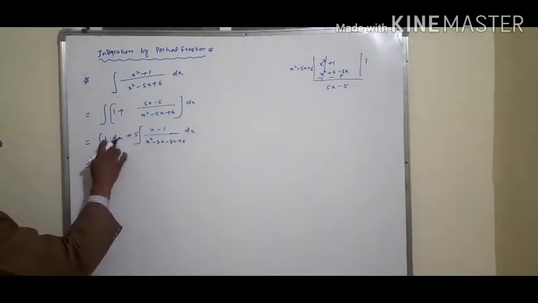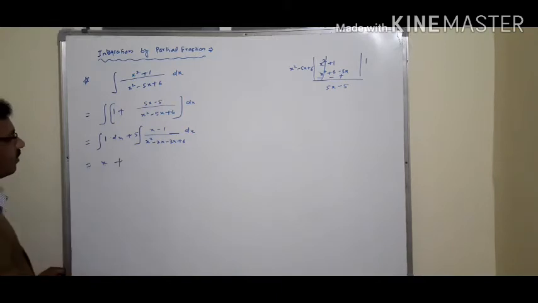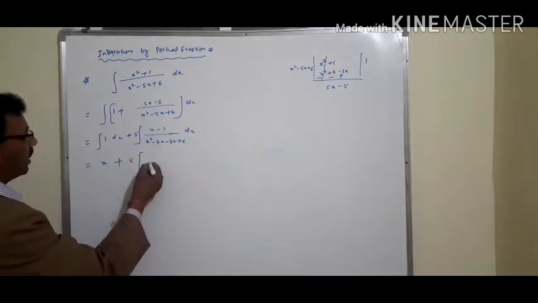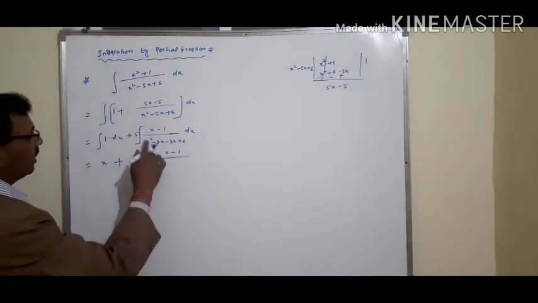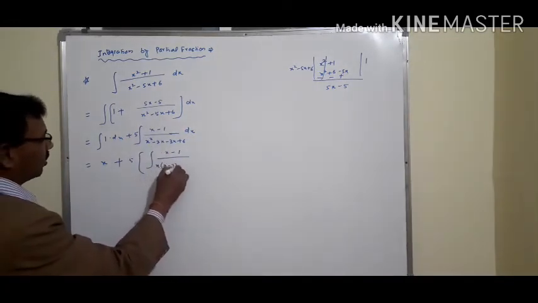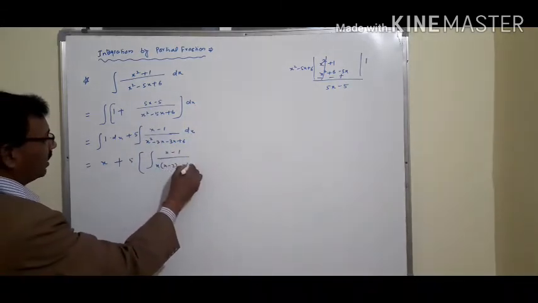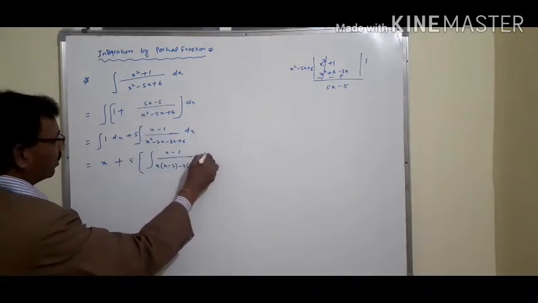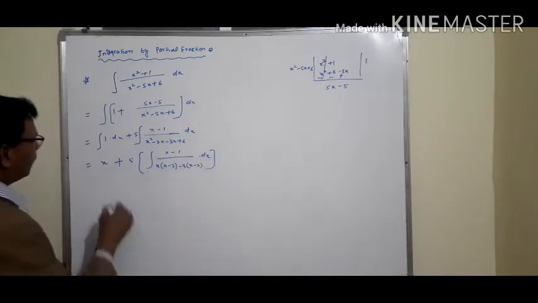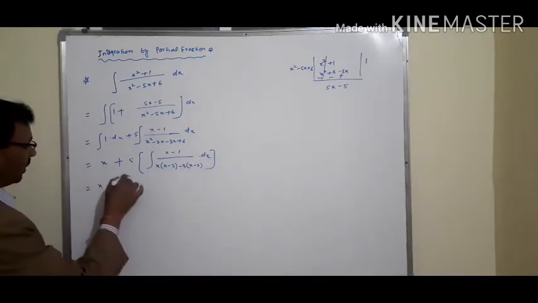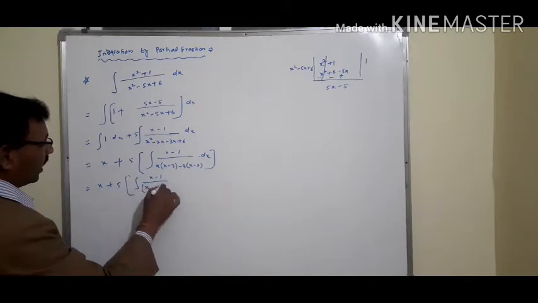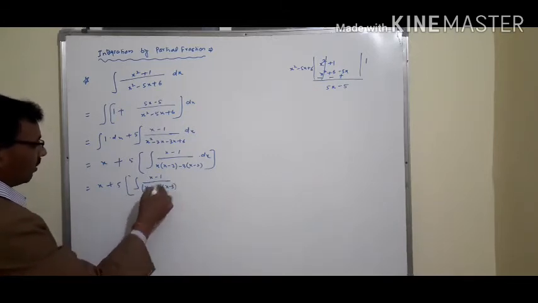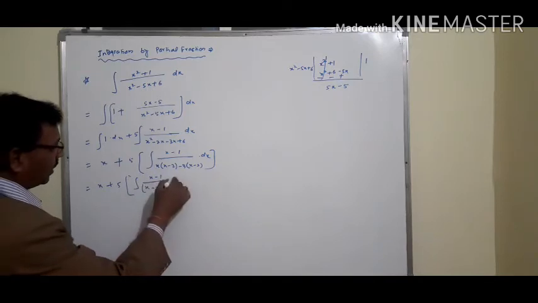Now the integration will be x plus 5 into integration of (x minus 1) whole upon, taking x common, (x minus 2), and taking minus 3 common, (x minus 2), so (x minus 2) as a common and (x minus 3) in the next bracket, dx.